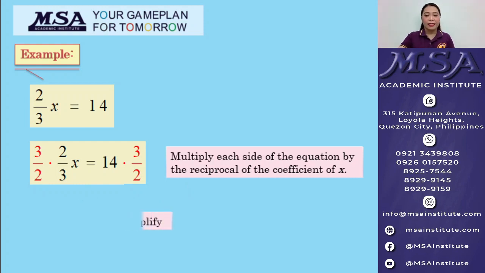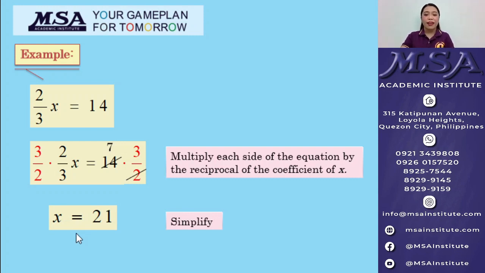Let's simplify. 3/2 times 2/3 will give us 1. So we have here 1x, and then 14 times 3/2, we can cancel 14 and 2. So 14 will become 7, and 7 times 3 will become 21. So the value of x here is 21.